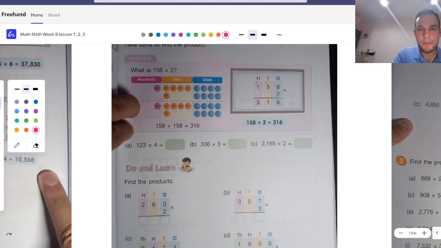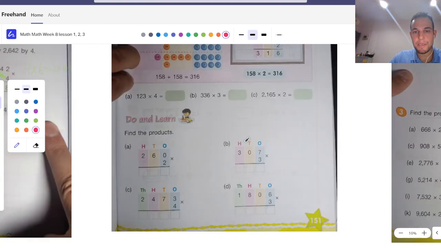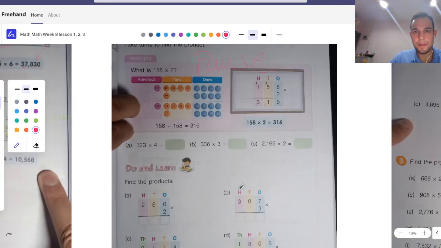Pause. And answer the problems. ABC and ABCD. Do the whole page now by yourself. That means it should be paused.